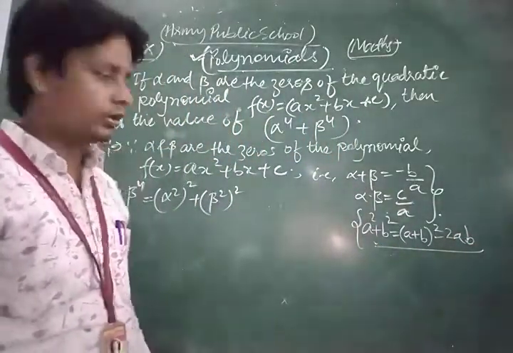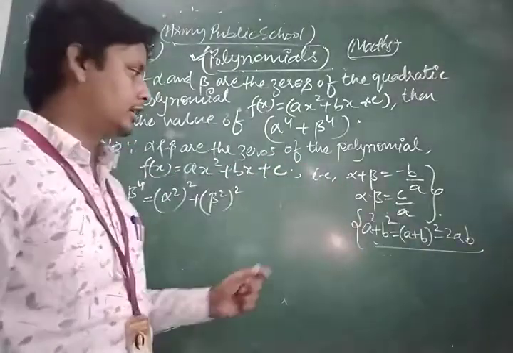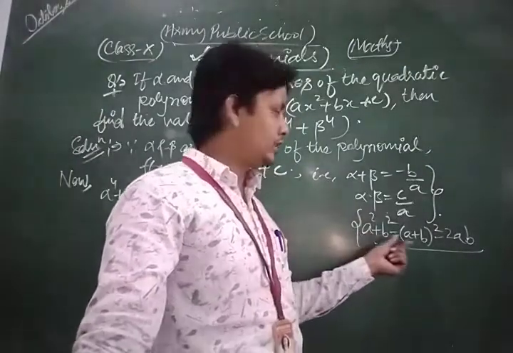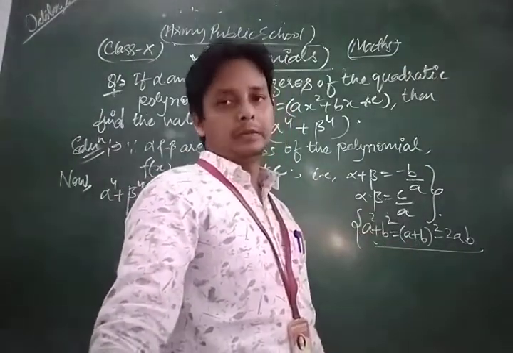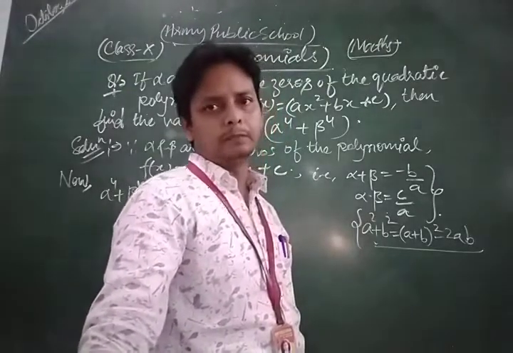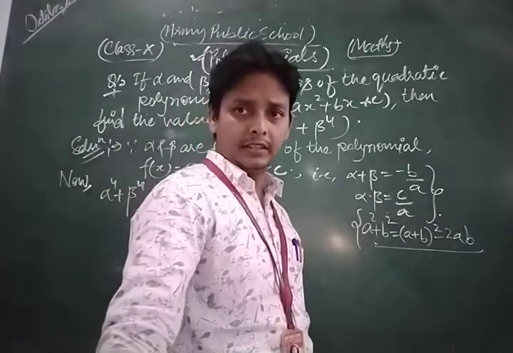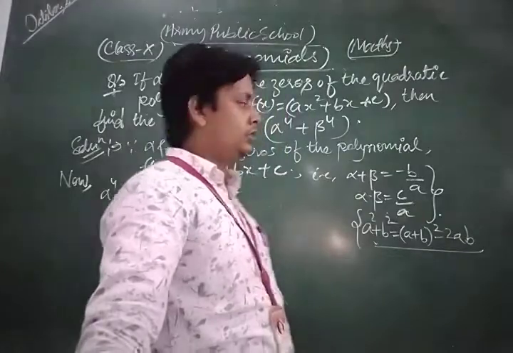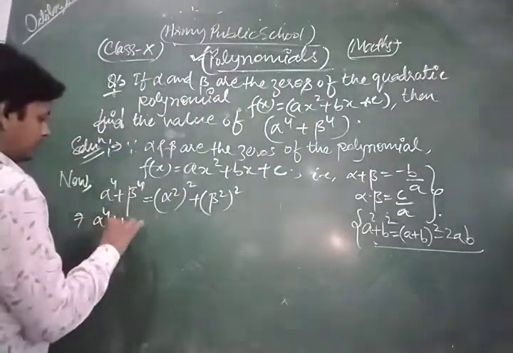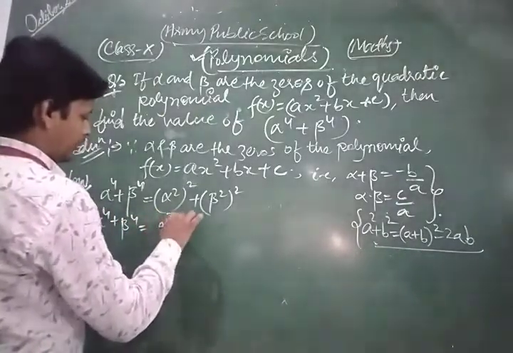So here we apply the same identity: a square plus b square is a plus b whole square minus 2ab.